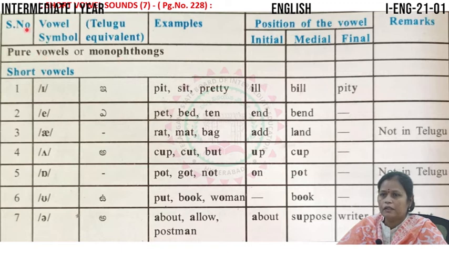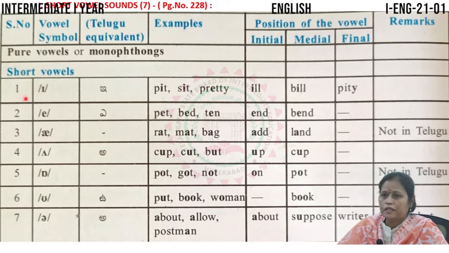This is the vowel symbol, and this is the Telugu equivalent symbol. These are some examples. And this is the position of the vowel, meaning where this sound is coming: initial is the beginning of the word, medial is in between, final is at the end. This way this chart has been prepared for you.